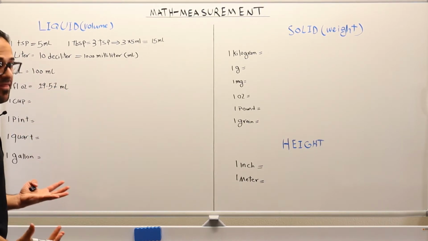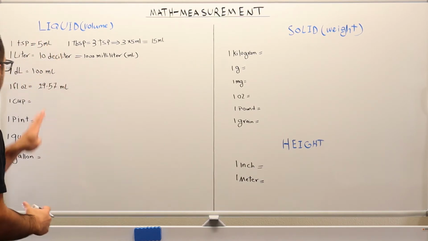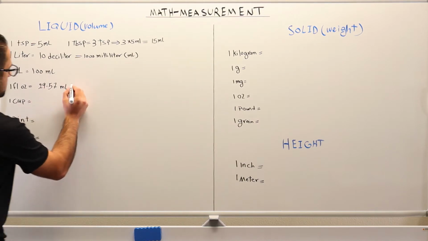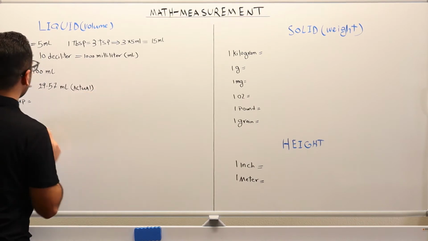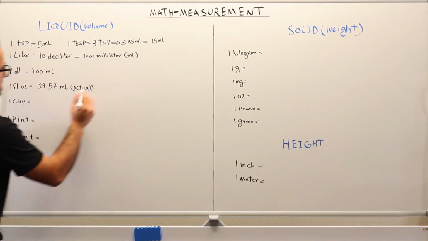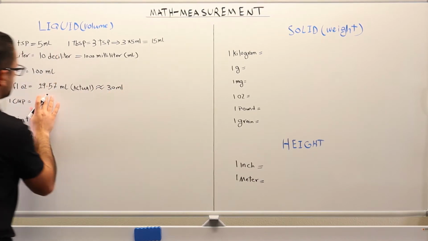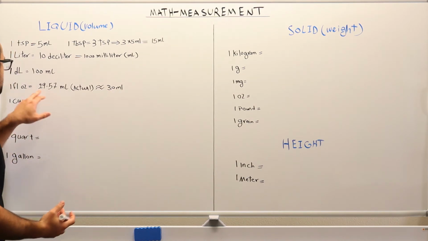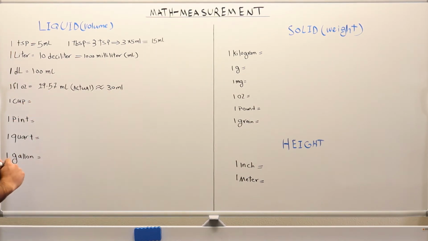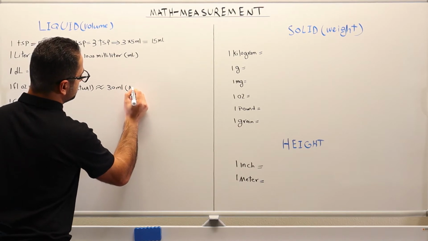To make math easier for students and those calculating the dosage, in addition to the actual, there is also an approximate, which is 30 milliliters in this case. This is just to make it easier, because it's easier to remember 30 in comparison to 29.57. So either one of them should be okay when you're calculating a dose. So this is an approximate.